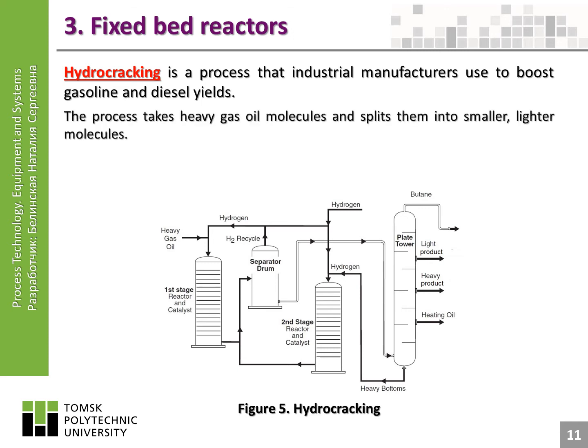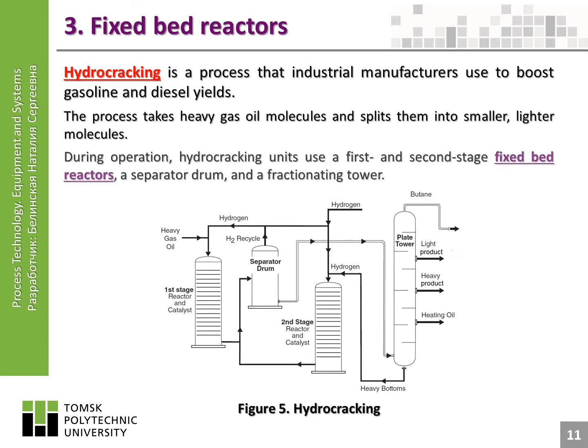The process takes heavy gas-oil molecules and splits them into smaller, lighter molecules. During operation, hydrocracking units use first and second stage fixed-bed reactors, a separator drum, and a fractionating tower.